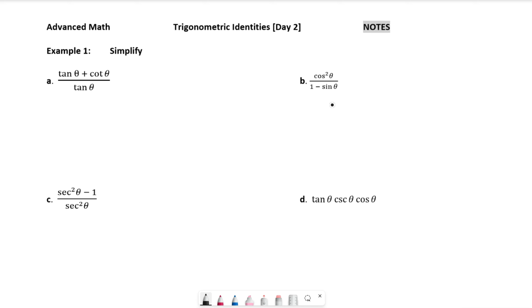So tangent can be broken down into sine over cosine. So we're going to write sine theta over cosine theta. Always break down everything. Hold off on breaking down sine and cosine. Cosecant also can be rewritten as 1 over sine theta.